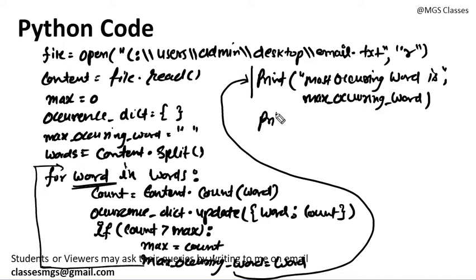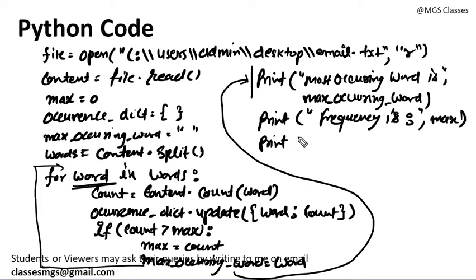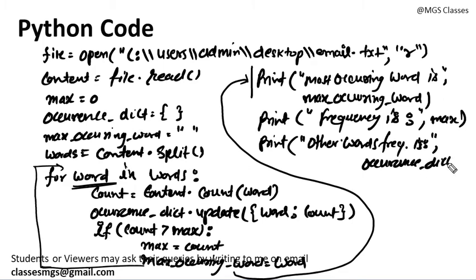And then you are going to print frequency is what? Its frequency is in the max variable. And now you can print the other words' frequency also. Other words frequency is, you can print the dictionary, it will give all words' occurrences. So occurrence dictionary you can print. So this is the complete program. Now we are going to run it in the Spyder editor.